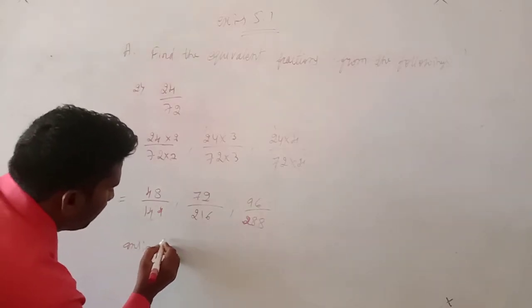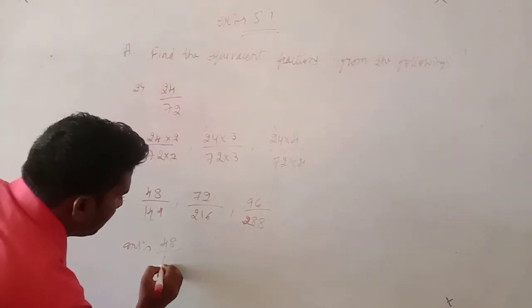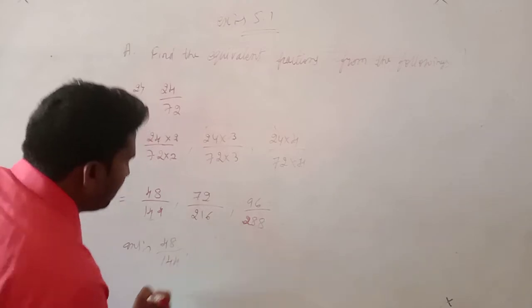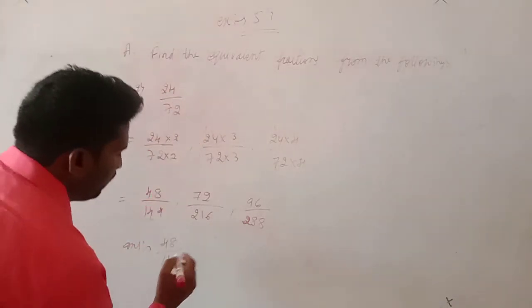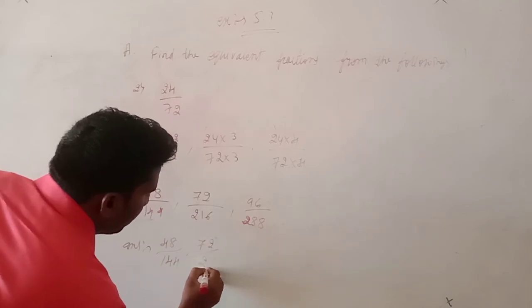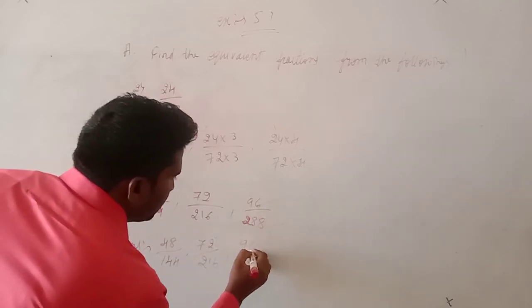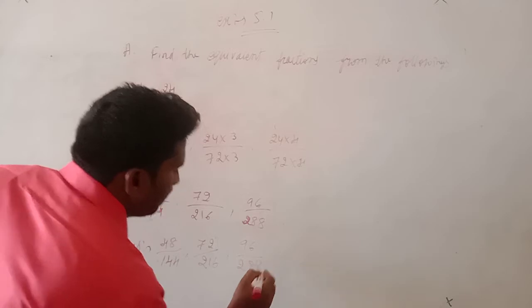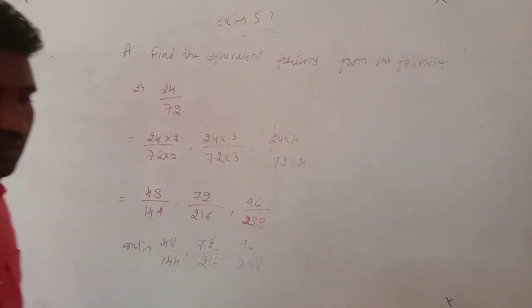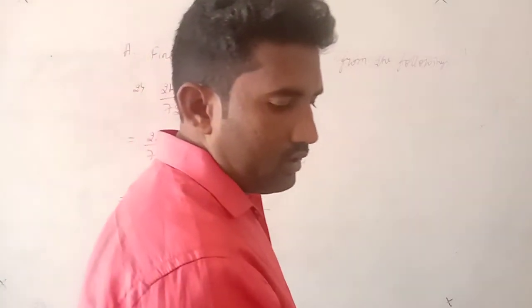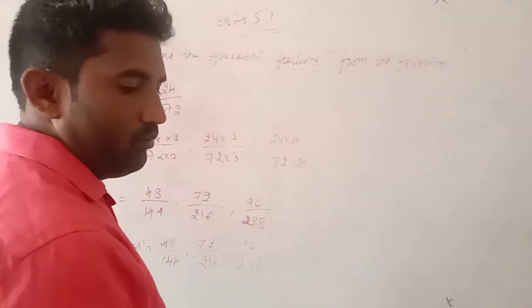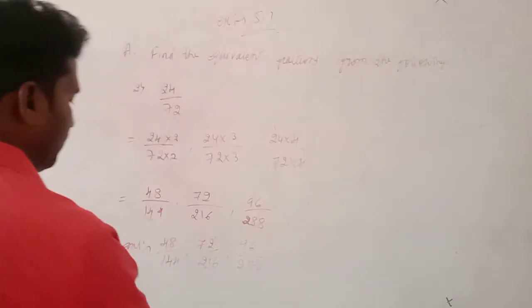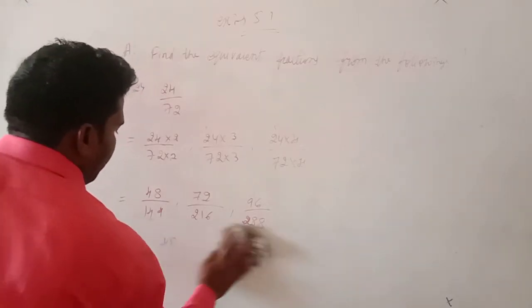These three fractions are equivalents for 24 by 72. Okay, so there are another three. I am teaching the fourth one from the main question.